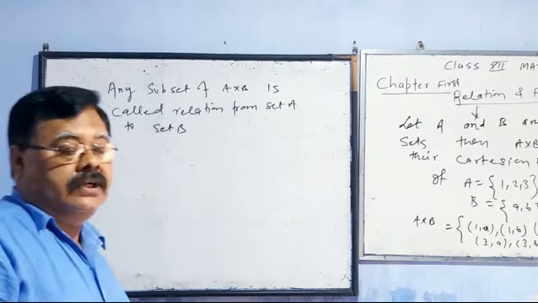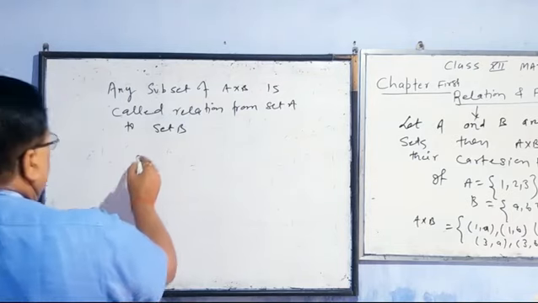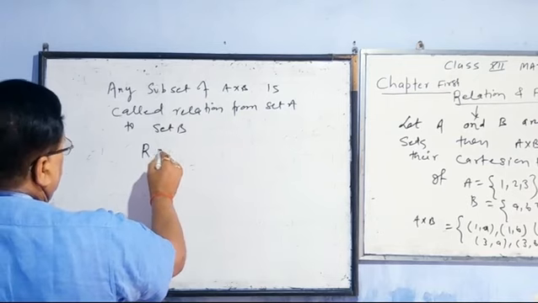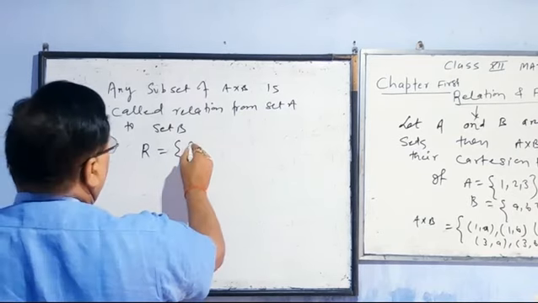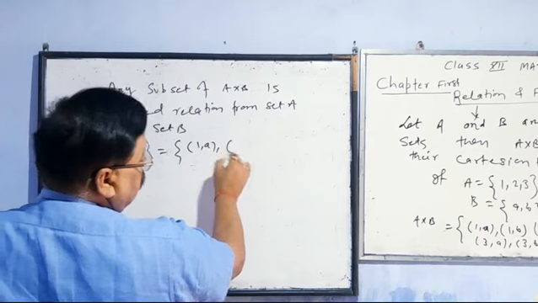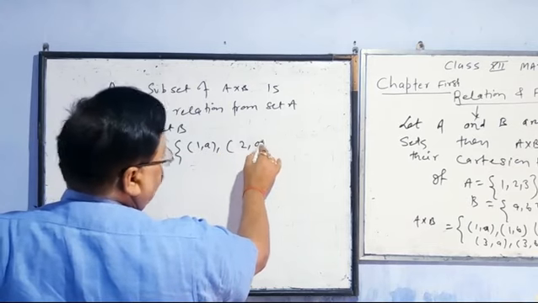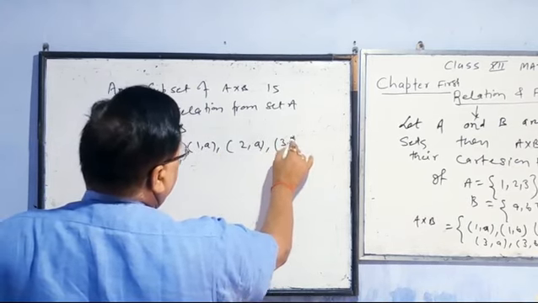As for example, I am taking R, that contains (1,a), (2,a) and (3,b).